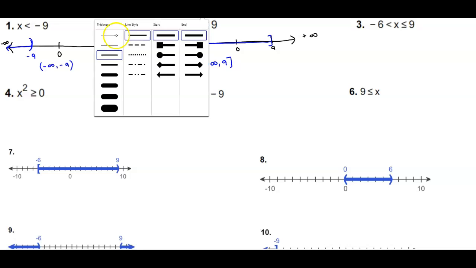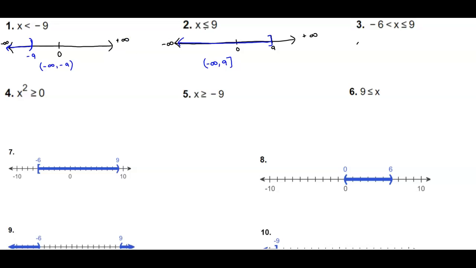Okay, next, we want to graph number 3 here. So again, here's -infinity, here's +infinity. I'm going to put a 0 in the middle. So we know that we have -6, and then we have +9.